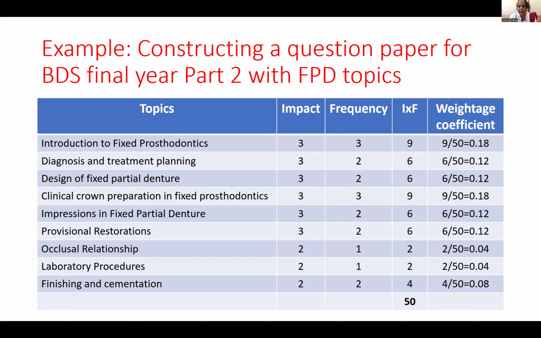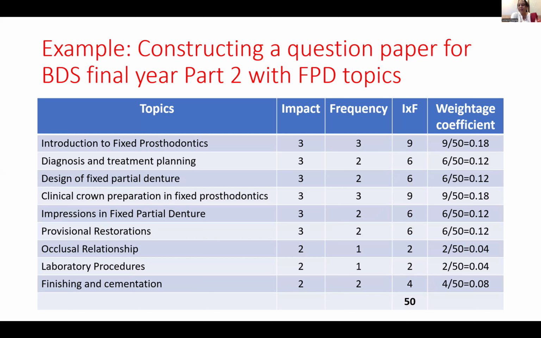Anybody wants to say anything on this? Occlusal relationship, I wanted you to comment. That's very important, ma'am. At the undergraduate level they teach it, and for practice and postgraduate they go into anything and everything.